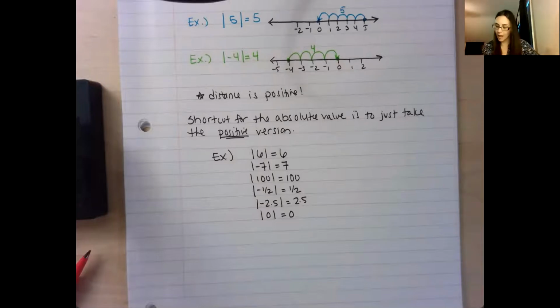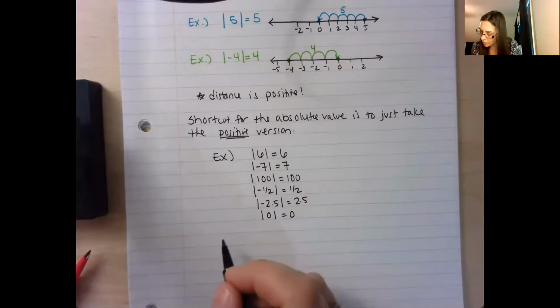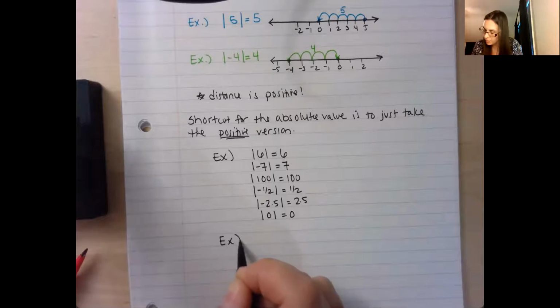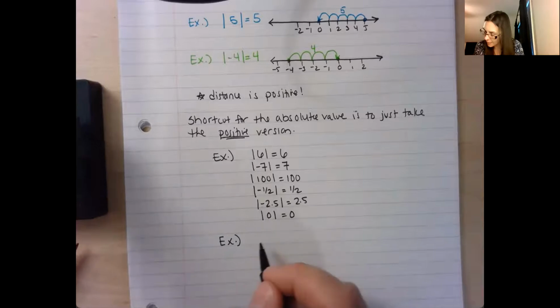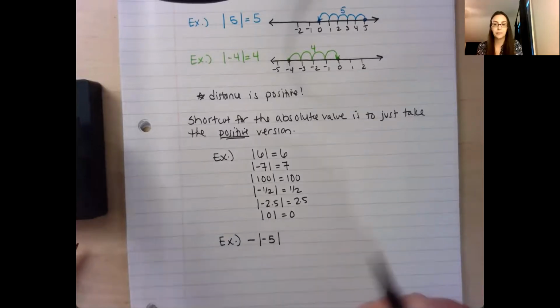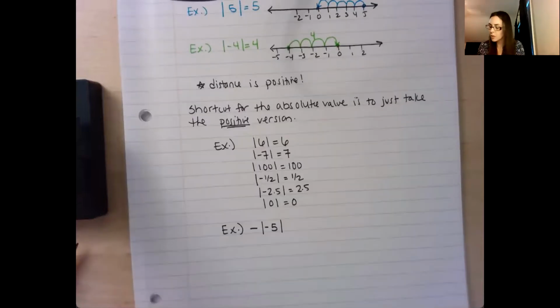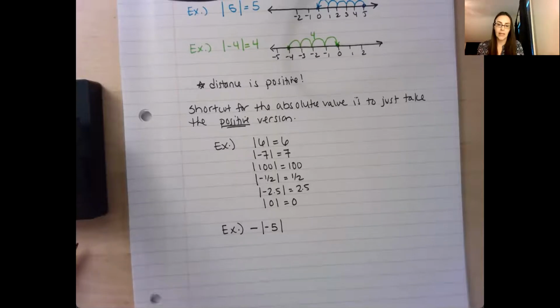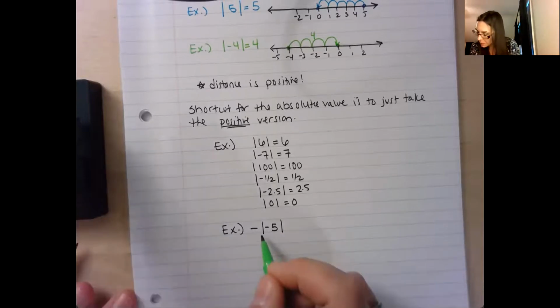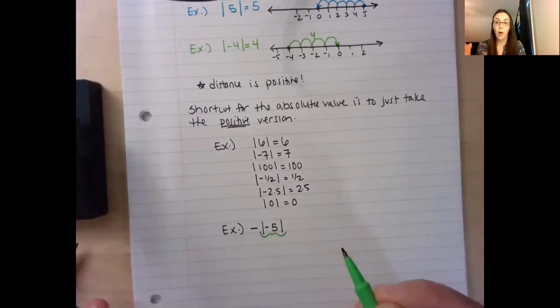All right, I want to do a couple more examples here, maybe a little more complicated. What if we look at the negative absolute value of -5? Now I have a negative on the outside and a negative on the inside. In a case like this, do the absolute value part first. The absolute value of -5 is just +5.